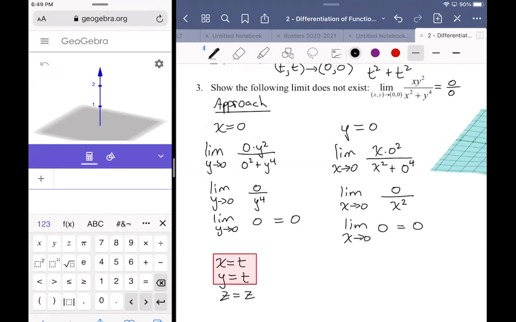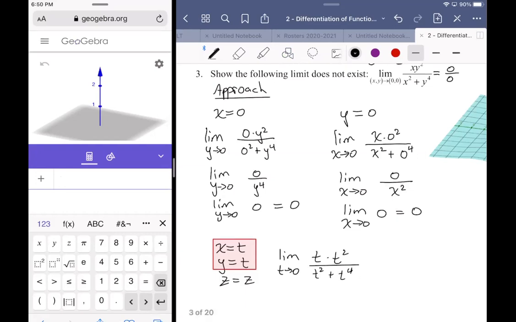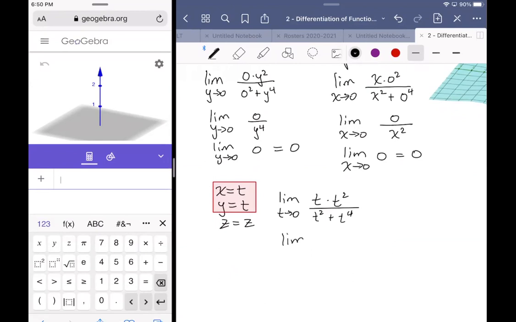So now we could try our nifty new maneuver of replacing x's and y's with t's. That would make it limit as t approaches 0. I'm cutting out that middle step of t comma t approaching 0 comma 0. Kind of a wasted step. Replace the x's with t's, replace the y's with t's, and see where that gets you. So limit as t approaches 0 of, well, we can factor if we want.